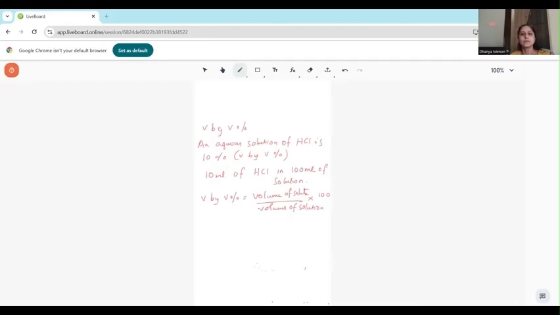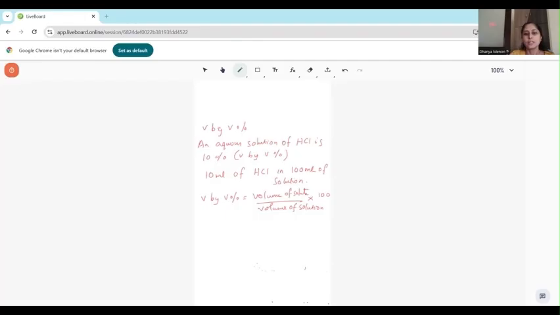Okay, students, this is how you do it. If volume by volume percentage is given, that means it's the volume of the solute dissolved in 100 ml of the solution.